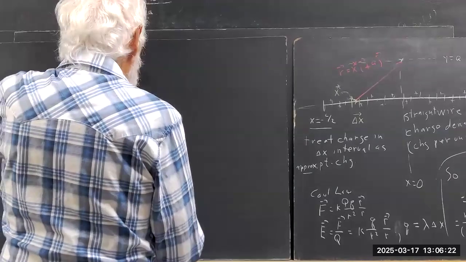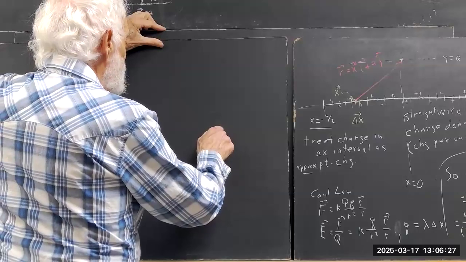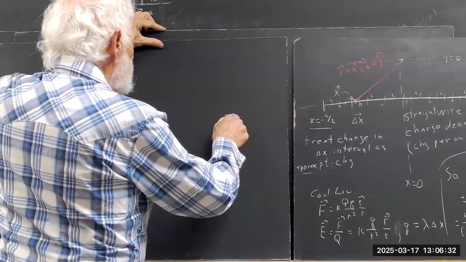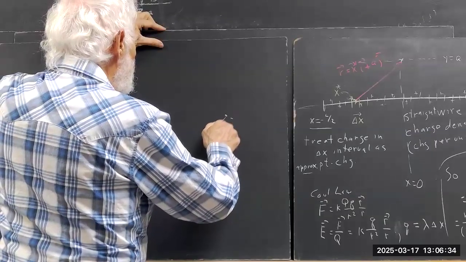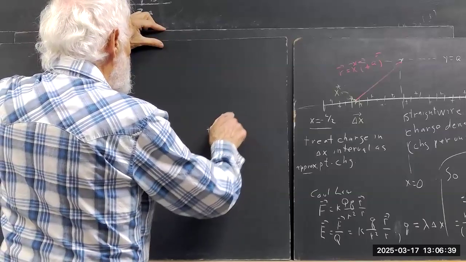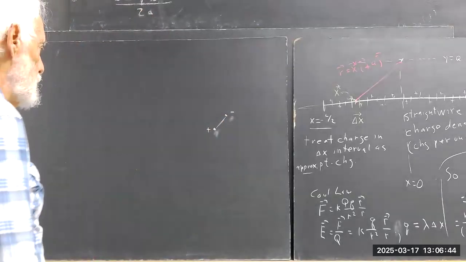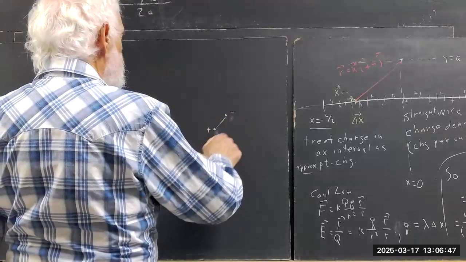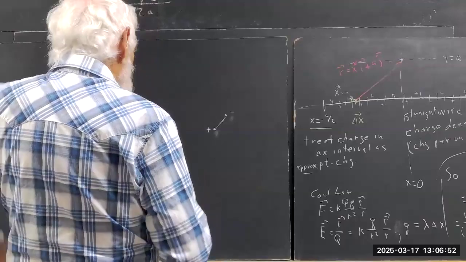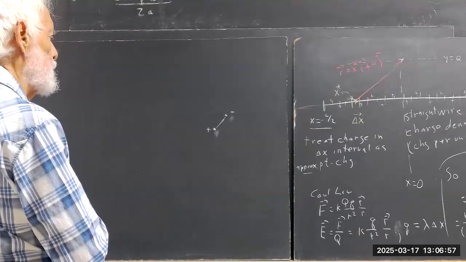Now, where I want to really go with this is the idea of a dipole. So here I have a positive charge and a negative charge, and there's some distance between them. What symbol do I want to use for the distance between them?